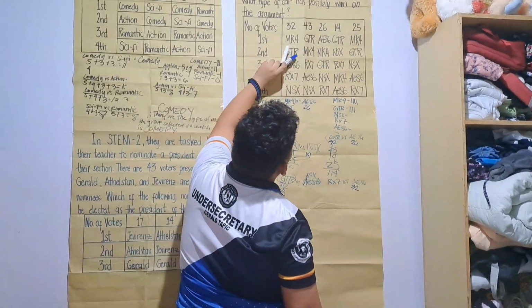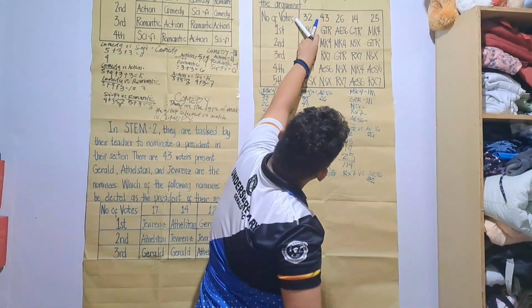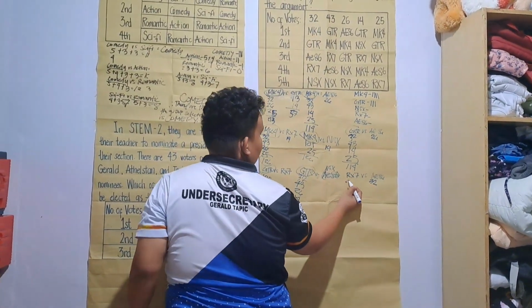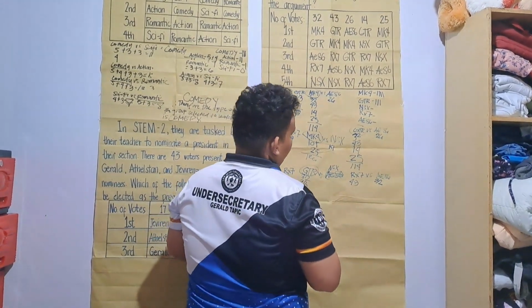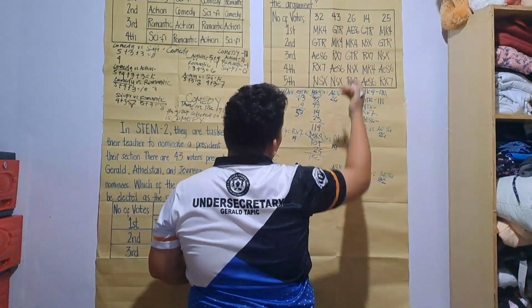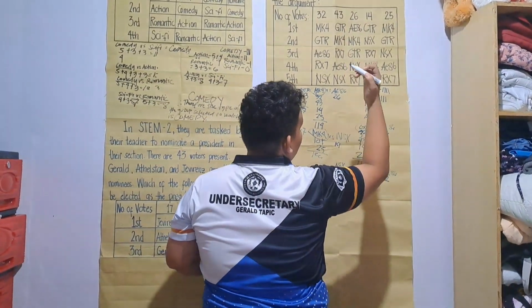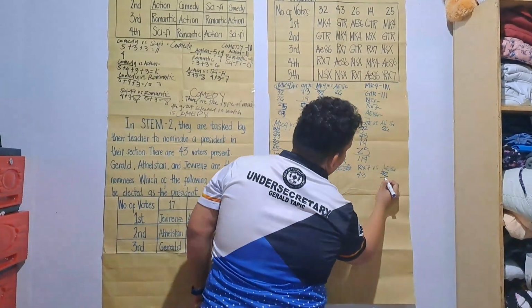The second column, RX7 is first than AE86, so the total of 43 votes goes to RX7. And in the third column, AE86 is first rather than RX7. So the total of 26 votes goes to AE86.